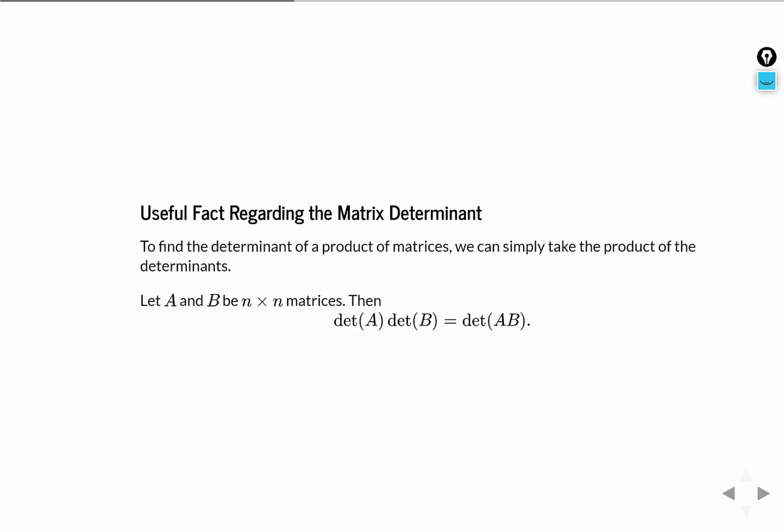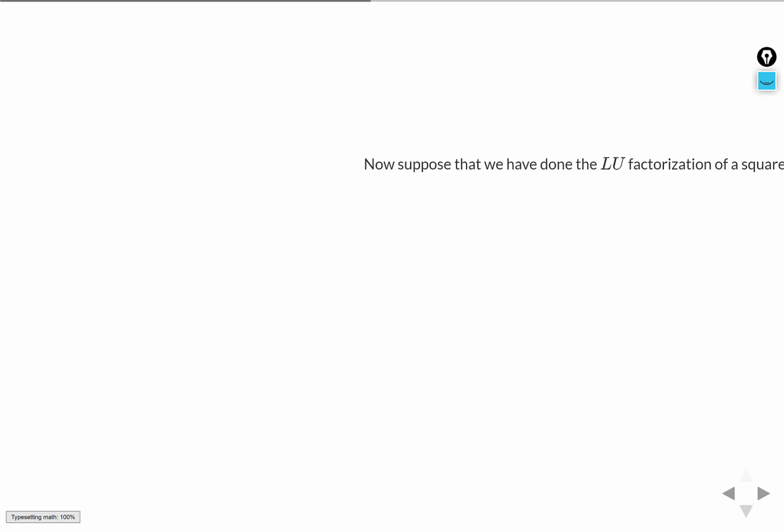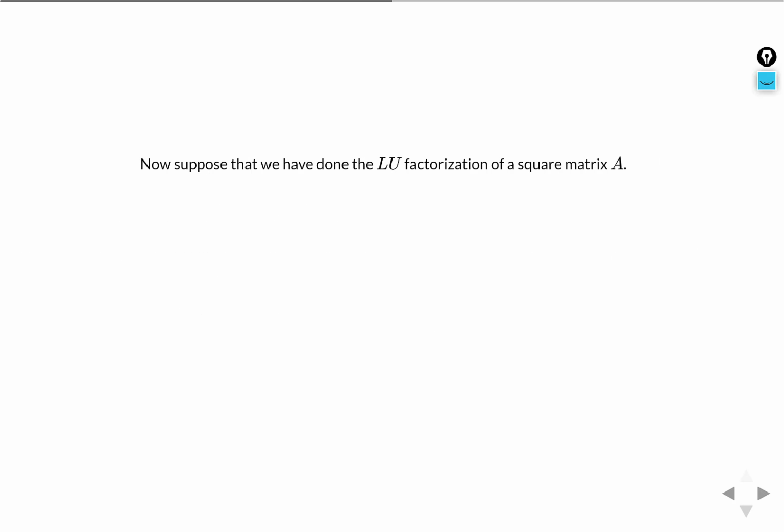A useful fact in linear algebra is that for two square matrices A and B, the determinant of the product equals the product of their determinants. Now suppose we have A and we have computed the LU factorization.